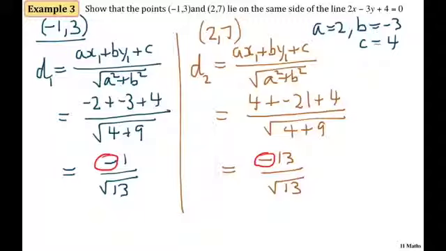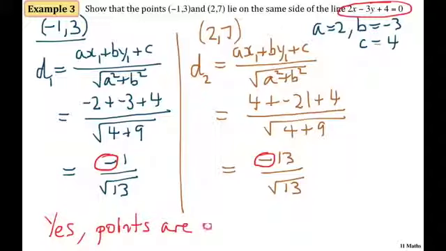If those signs are the same, that means they're both negative, or they're both positive, that means those points are on the same side of the line. All negative answers are on one side of our line, and all positive answers are on the other side of the line. So we can say yes, the points are on the same side of our line.